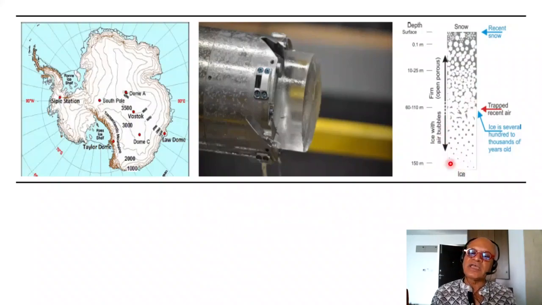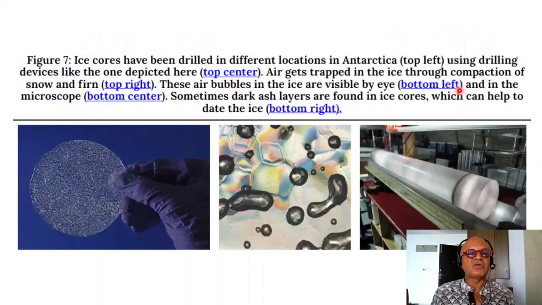So the ice with air bubbles is preserving information from the past. As the snow gets compressed, it goes through various stages called hoar, H-O-A-R, and firn. So these are open and porous snow that is already freezing into ice, and so on and so forth. Again, calibration is very critical here.